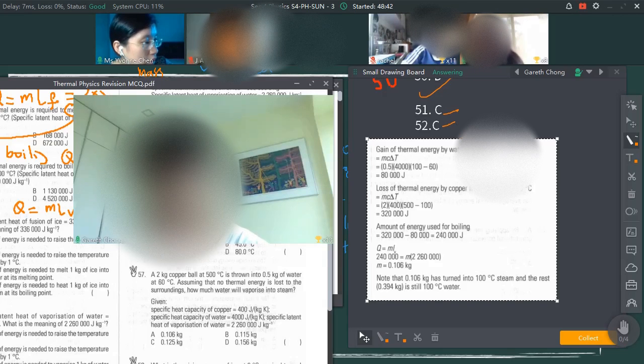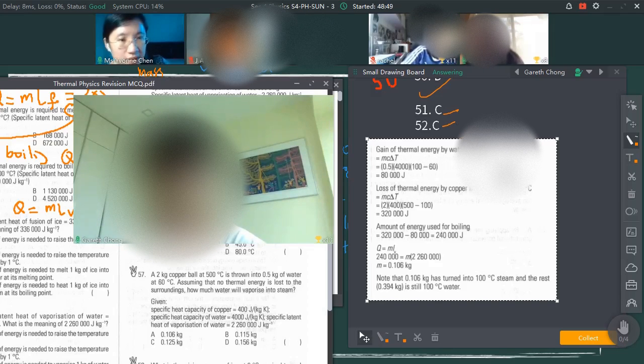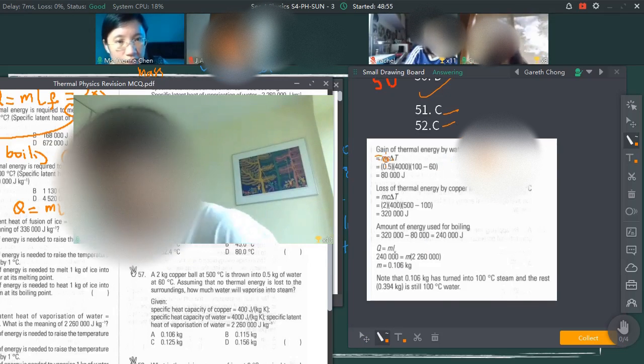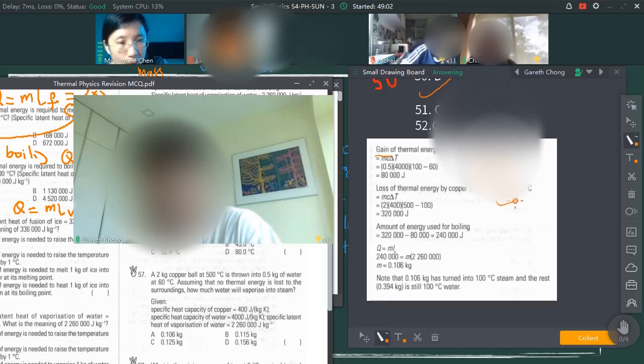So for 57, the 60 degrees Celsius water will gain energy, because at first it is at a lower temperature, right? So it will gain energy. Then the other one is at a higher temperature. So the copper will lose energy until 100 degrees Celsius. The total energy here is from the copper.